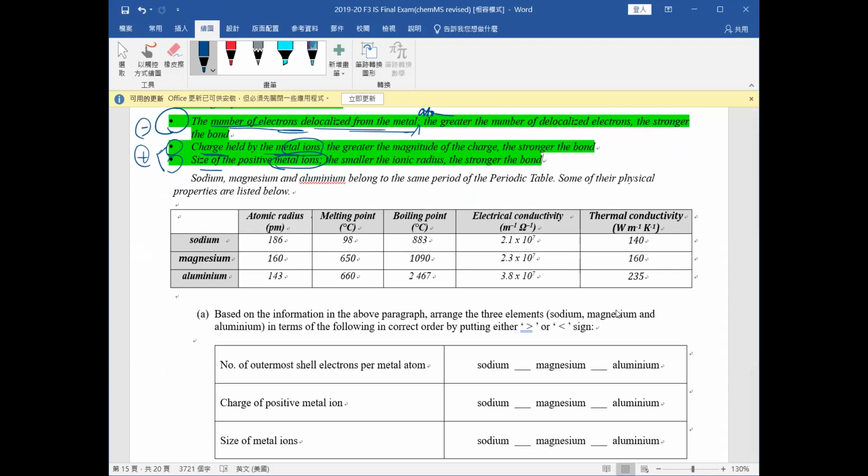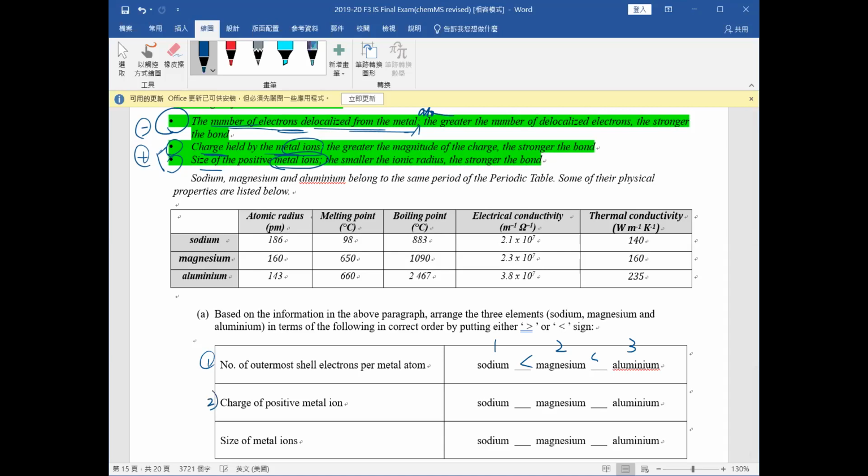Can you write down the greater than or smaller than sign? How about the first one, number 1? Do you still remember that one? Yep. It is this, right? We have got 3 outermost shell electrons, 2 outermost shell electrons, 1, right? So we have got this.